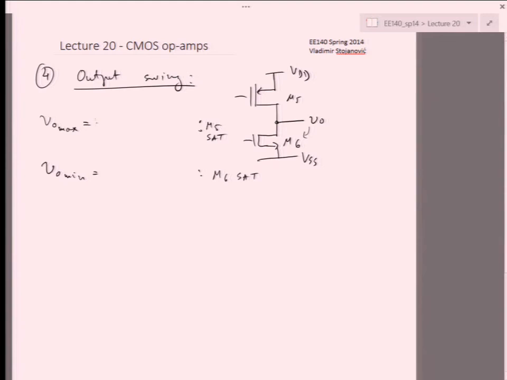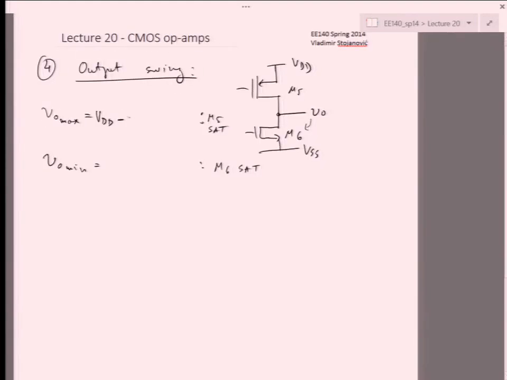Okay, so one of the guesses is that VO max is VDD minus VTH5. Everybody agree with that? I see some heads shaking.